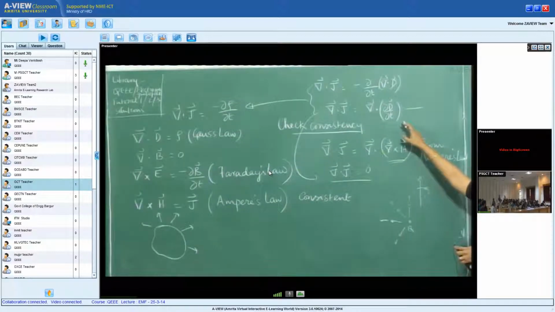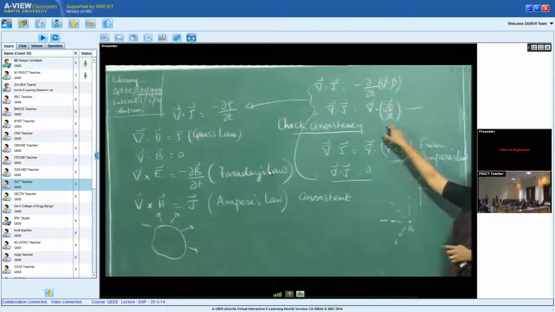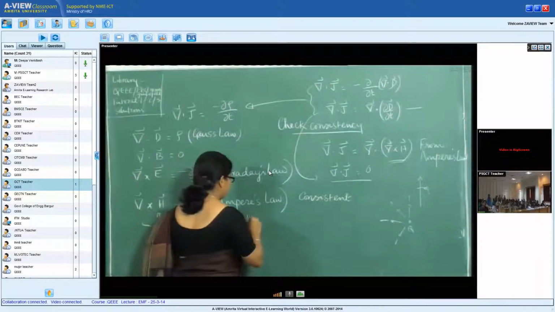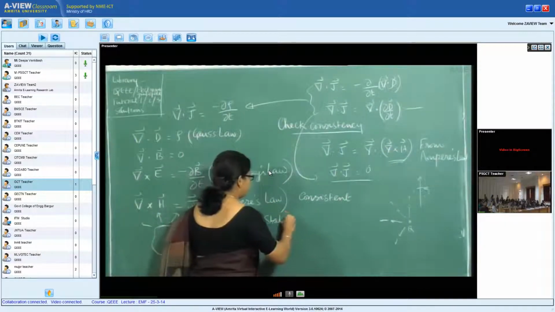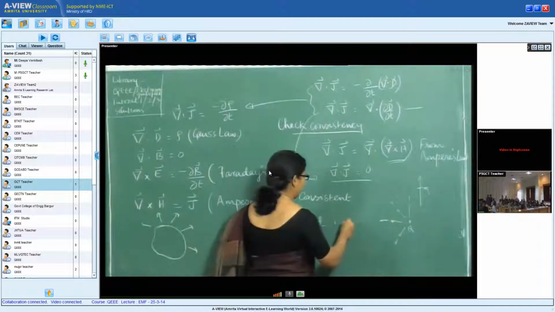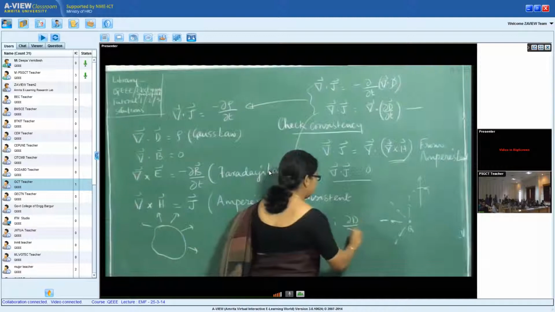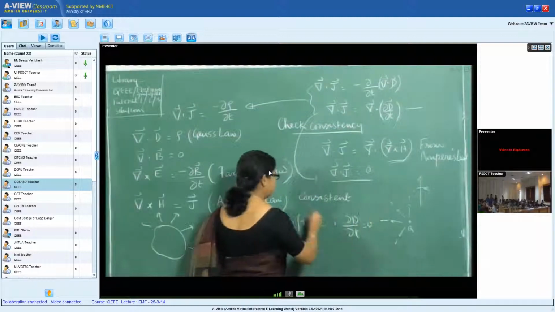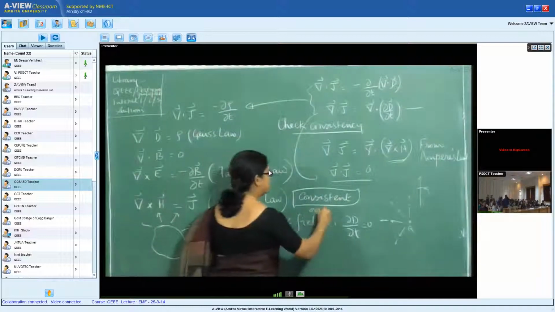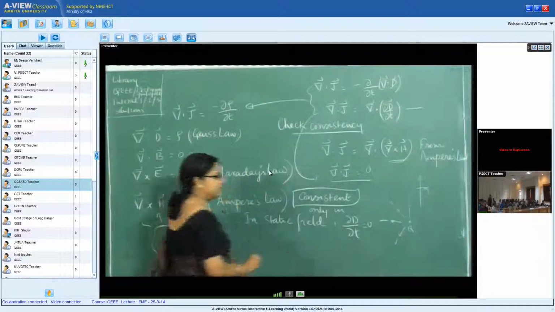The condition is that I don't have a time varying field. In a static field, del D by del T is 0, then it is consistent. So I can say consistent only in static field.